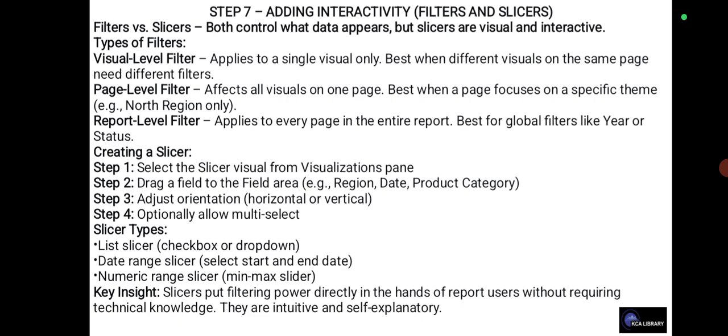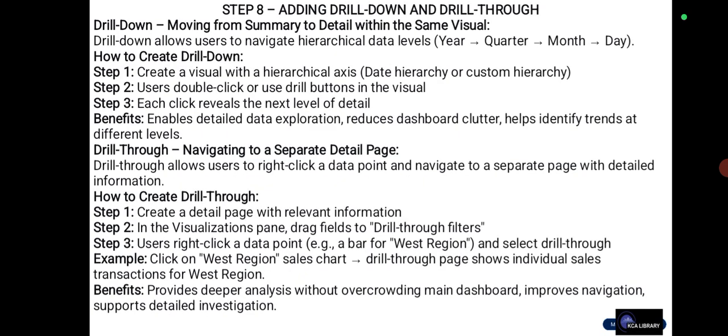So slicers put filtering power directly in the hands of report users without requiring technical knowledge. That's the importance of slicers: even if people don't have technical knowledge, they are intuitive and self-explanatory.